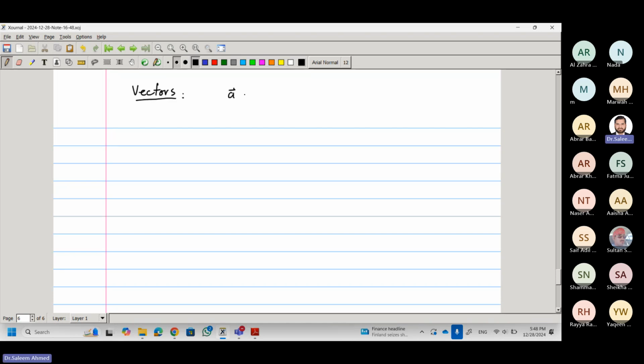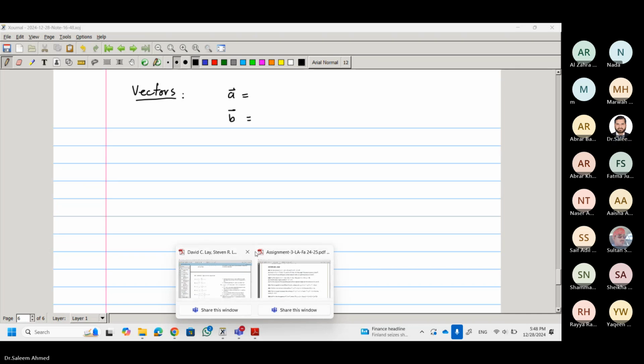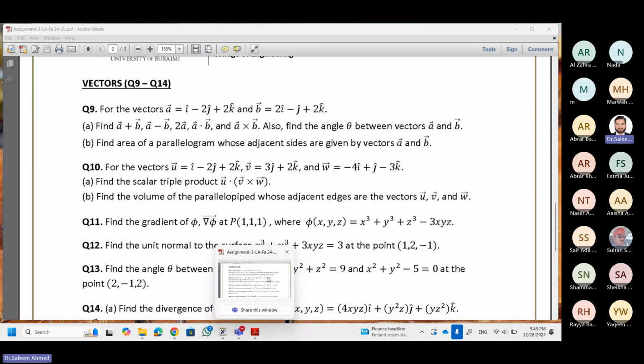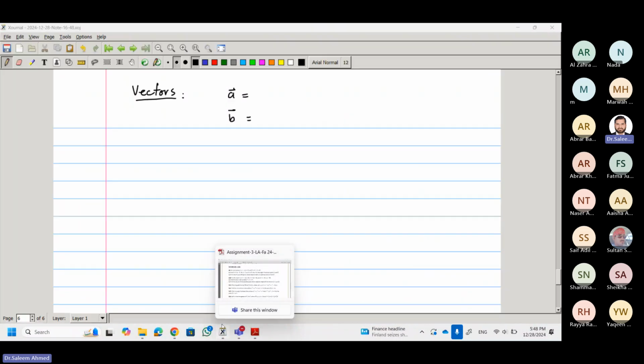So let's say you have A and B, two vectors. For example, here in this exercise, you have 1, minus 2, 2, and 2, minus 1, 2.